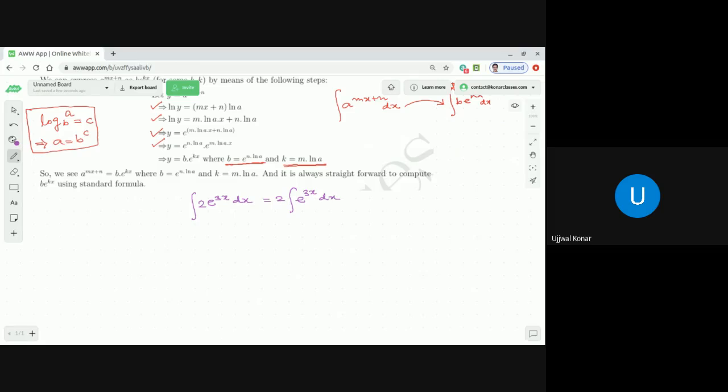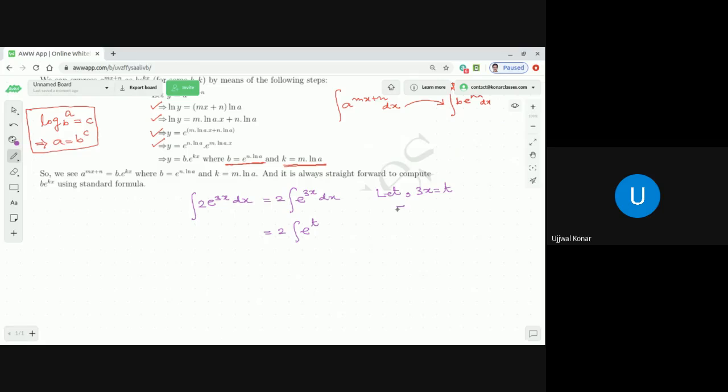Very simple thing. What will you do? That is something new we are going to learn now, and details you will learn after some time. Let 3 into x is equal to t. Not a big deal. Then we can write 2 into e power t. But dx has to be represented in terms of dt.